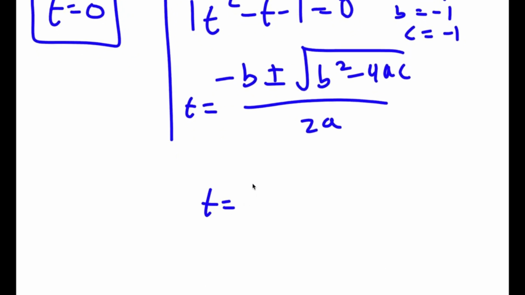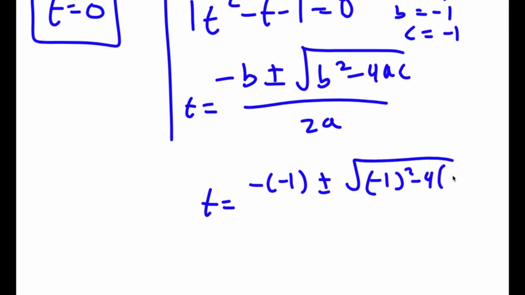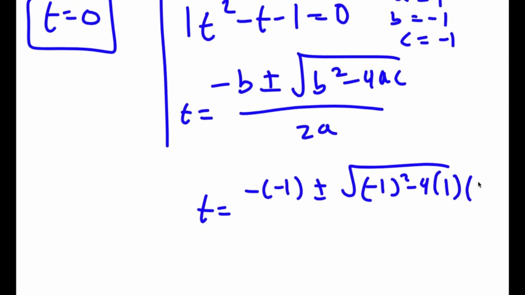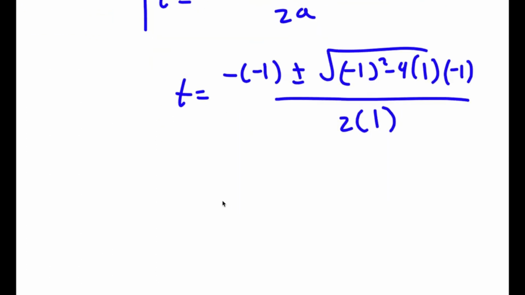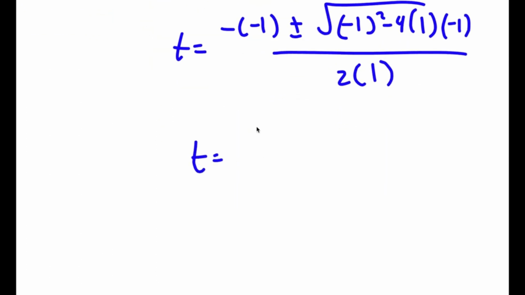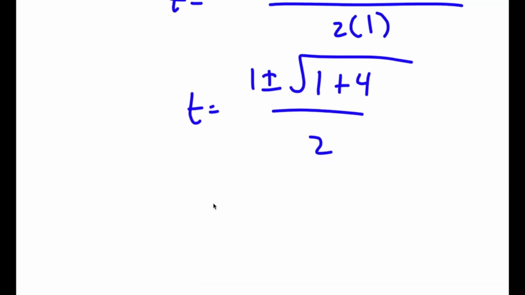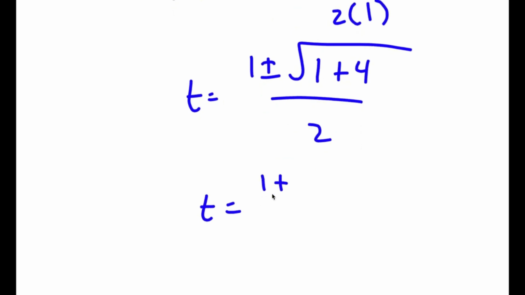So I have t is equal to negative negative 1 plus or minus the square root of negative 1 squared minus 4 times a, which is 1, times c, which is negative 1. And I have all of this over 2a, so 2 times 1. So now this simplifies to 1 plus or minus the square root of 1 plus 4 over 2, which simplifies to 1 plus or minus the square root of 5 over 2.